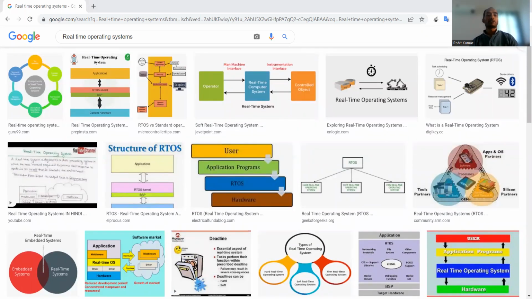As per Wikipedia, it is a type of operating system intended to serve real-time applications. That's it. And the point is quite valid, because in real time you have lots of applications, and according to the applications you have different requirements. So do you have a particular configuration facility at your side to manage or tune your operating system according to your needs?